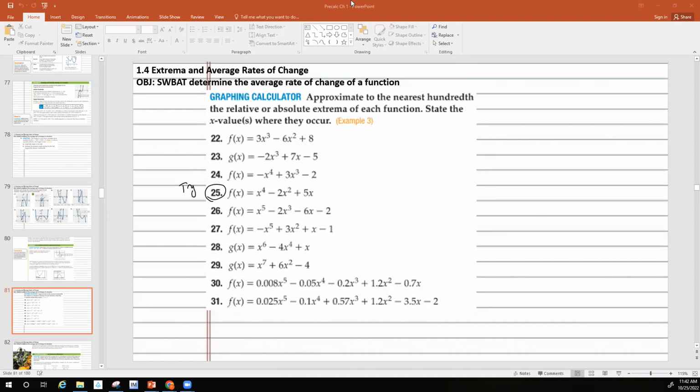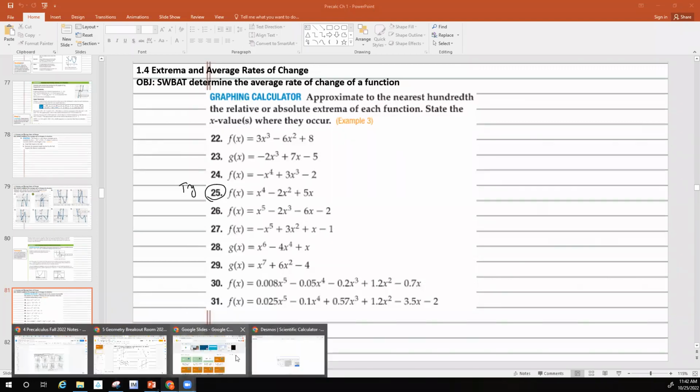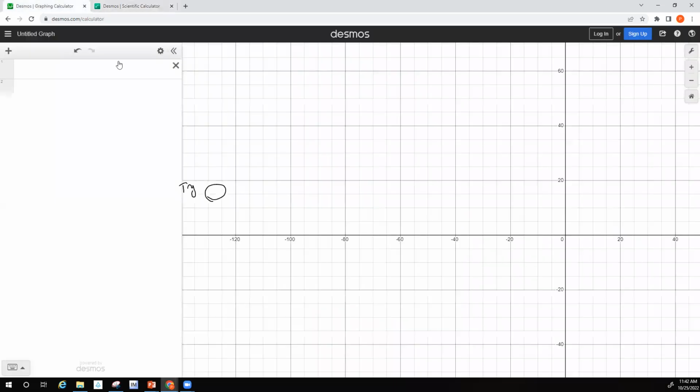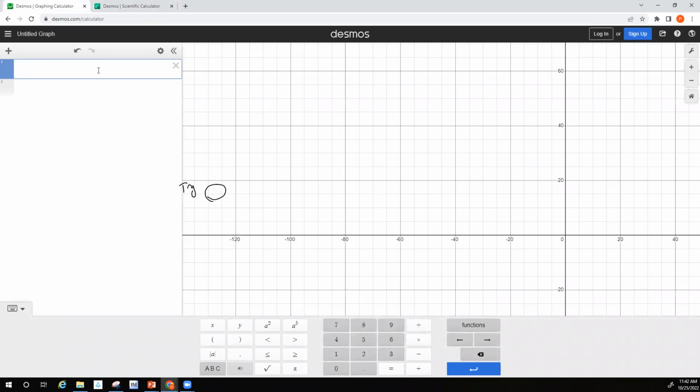All right. Let's go here. There we go. That's not it. That's the one. All right. So we have f of x. You can put f of x if you want. Equals, and doing 26, so x to the fifth.